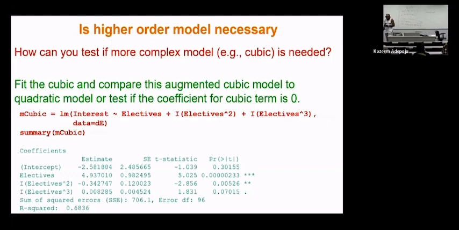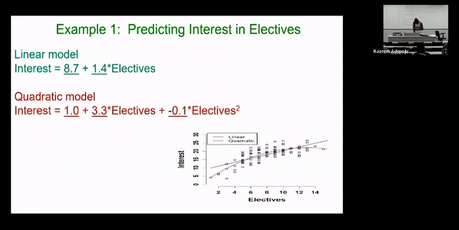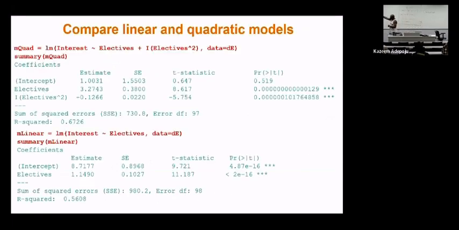It's 0.6836, right? If you look at the increase from what we had initially, 0.6726 to 0.68, that's a marginal increase, which means for this relationship, I don't need cubic.